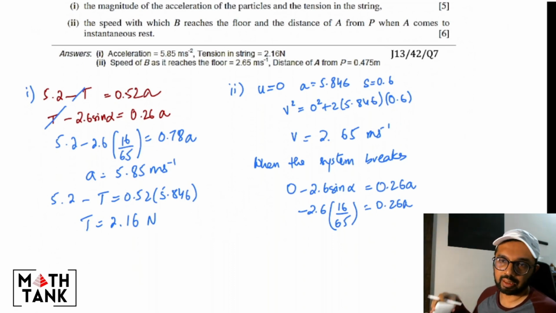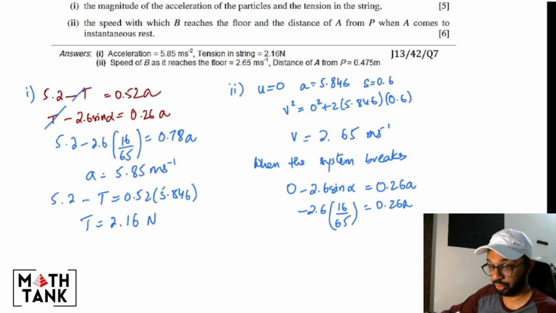Now this is something that you might already know, or you should know: in the absence of all other forces, only when gravity is pulling you down on an inclined plane or driving you forward on an inclined plane, the acceleration is not simply g, or simply 10, it's basically g sine of the angle.